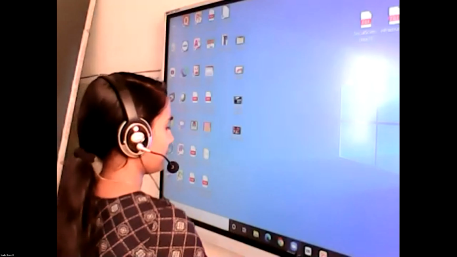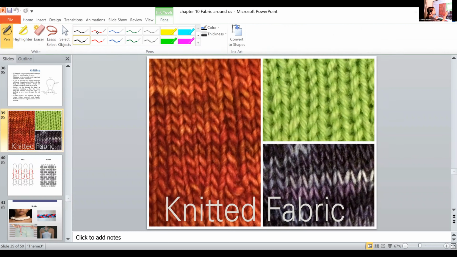Each loop depends on the others. These are the knitted fabrics. You can see the loops here. This is one loop, right? And again, this is a loop. There are certain loops. Each loop is interlaced and depends on the others. Is it clear? That is a knitted fabric.